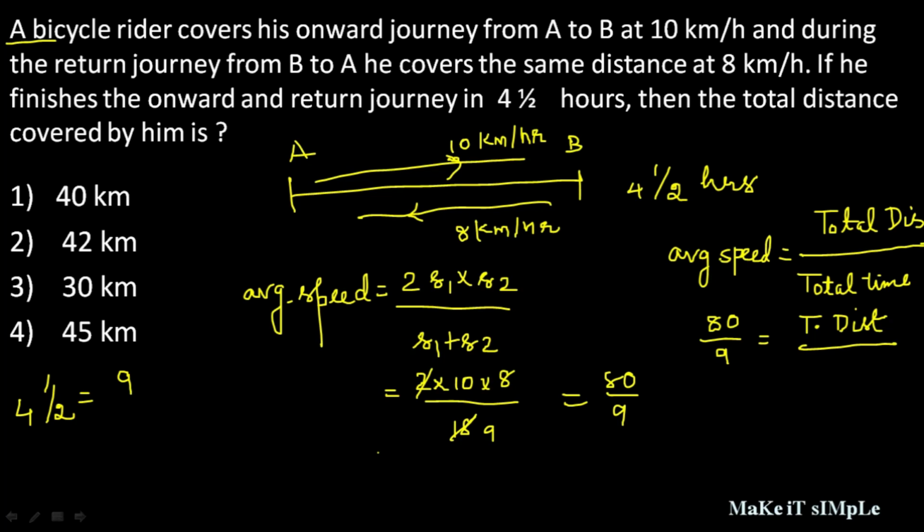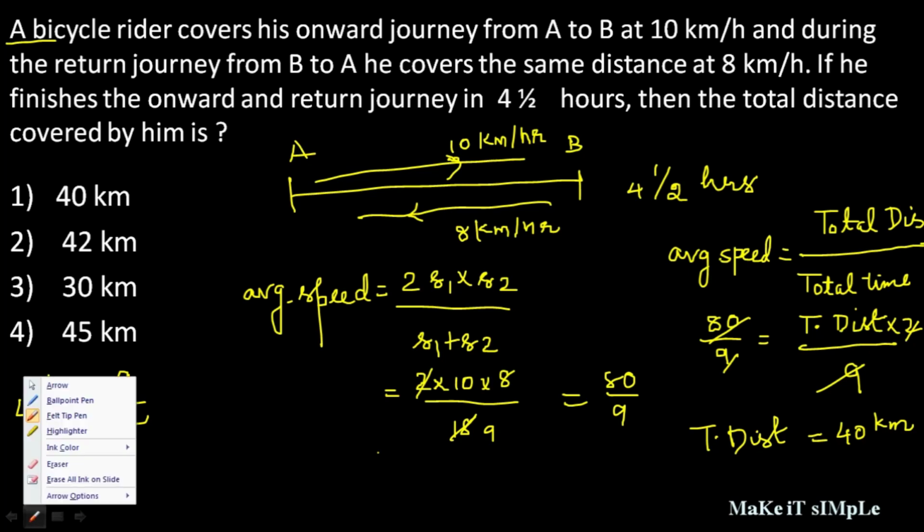We will be getting it as 4 into 2, 8, 8 plus 1, 9, so 9 by 2. So we will be getting here 9 into 2. So this 9 and 9 will get cancelled. Then total distance is nothing but 40. Okay, this is the conventional way of solving this problem. Now we will see how to solve this problem using our shortcut.